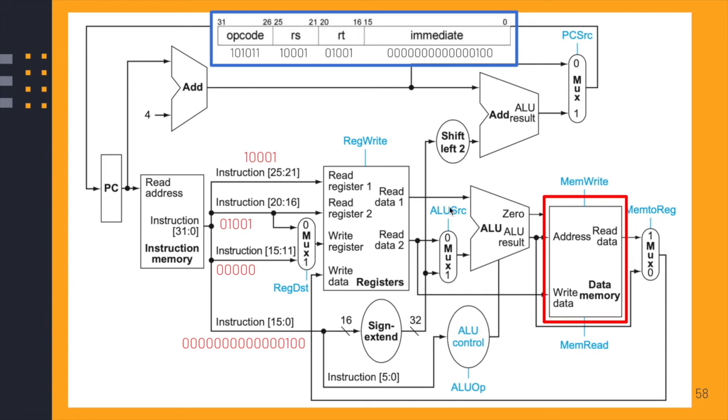So the value of register RT will flow in this line, and if the mem write signal is 1, this data present in the write data will be written or stored or saved in the location specified by the address, which is the ALU result. Okay, and then I will finish my instruction.